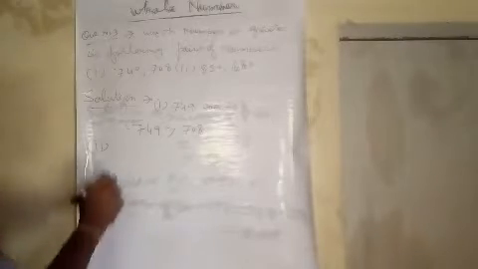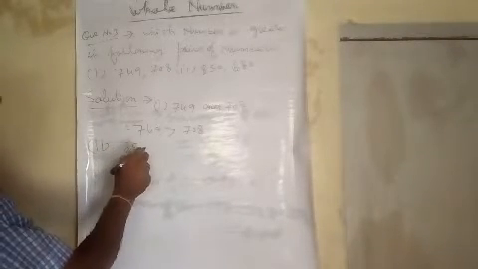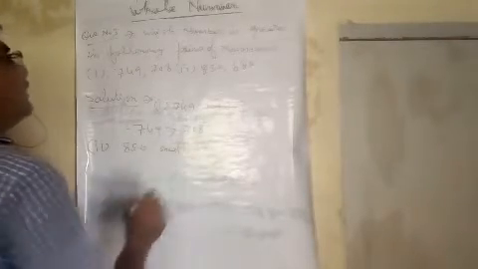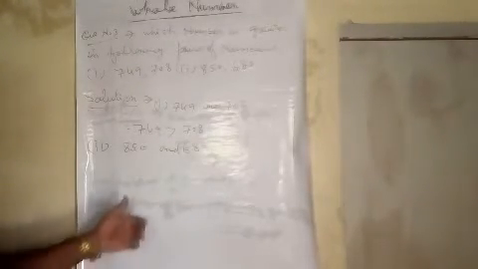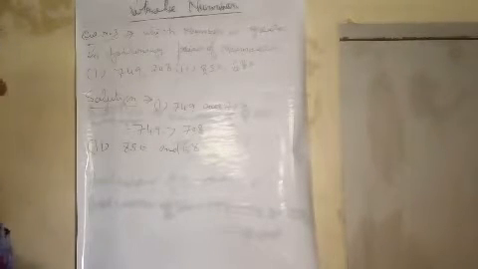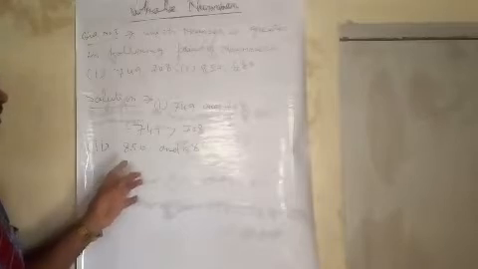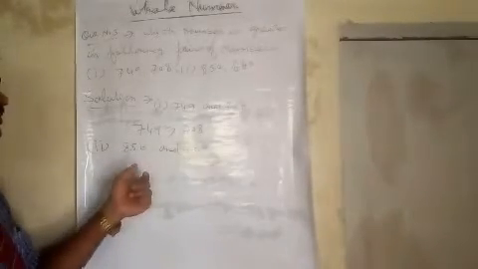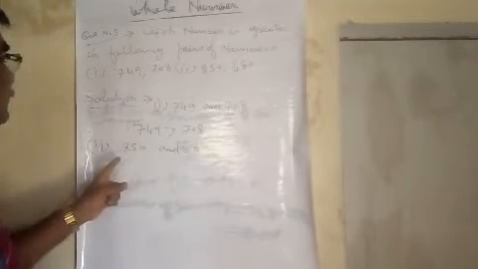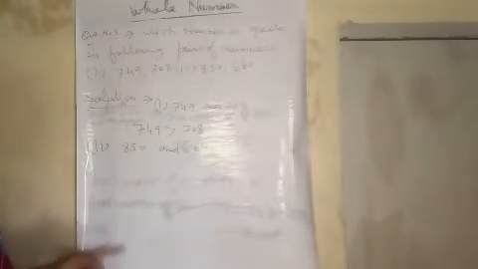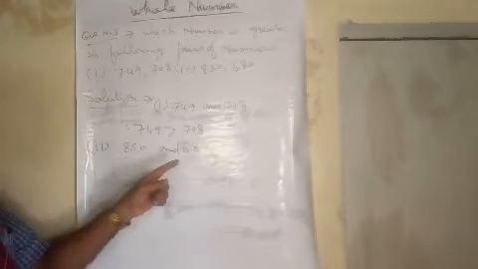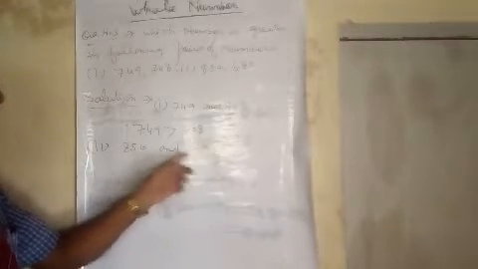Now the next part of this question, 850 and 680. We have to find which is greater. The number of digits in 680 and 850 are the same, but the hundreds digit in 850 is 8, while the hundreds digit in 680 is 6.